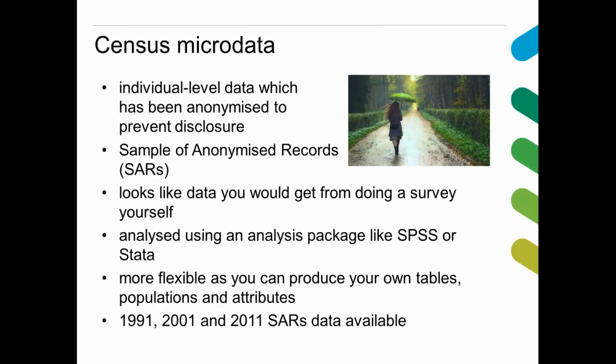And the samples consist of between 1 to 5% of the population, depending on the data set. Now these look, as I say, like any other data set you would get from a UK survey. So you'd need to use something like SPSS or Stata to analyse them. But again, they're highly flexible. So as we saw earlier, you can produce your own tables and have a look at specific populations. Currently, there are SARS datasets available for 1991 onwards.